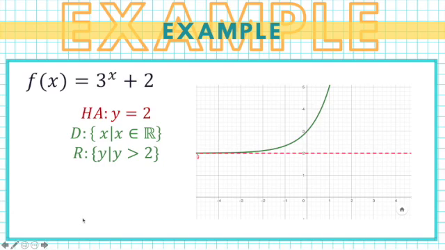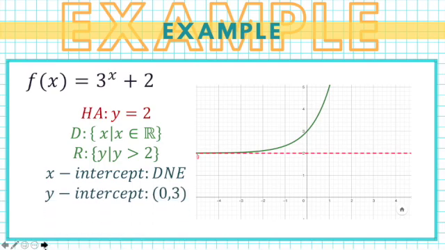Now for the intercepts, we can clearly see that this graph cannot intersect the x-axis. Therefore, again, the x-intercept does not exist. While the y-intercept moved from 0, 1 two units upward, therefore the y-intercept now becomes 0, positive 3.